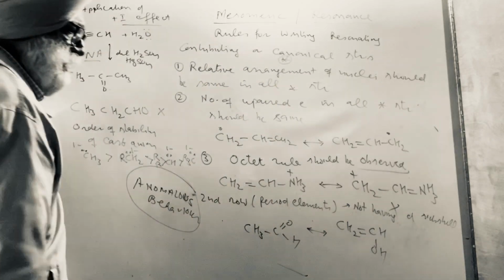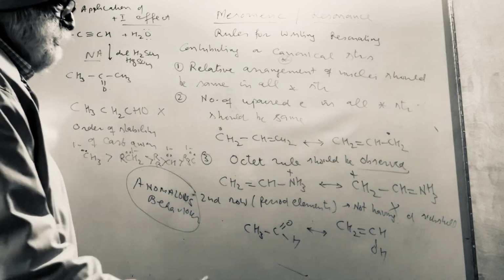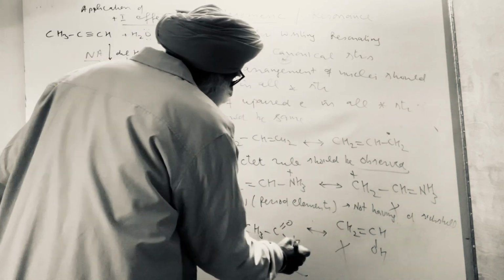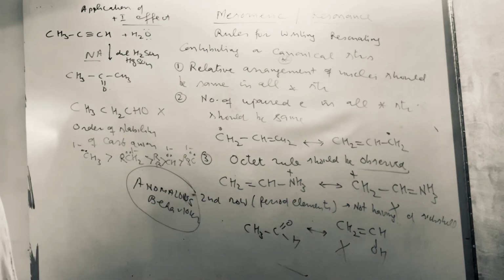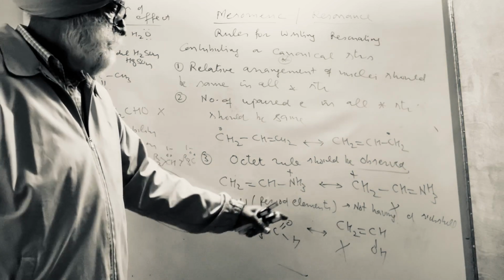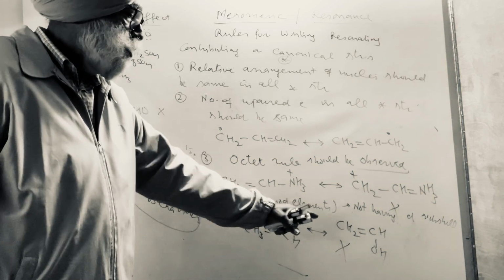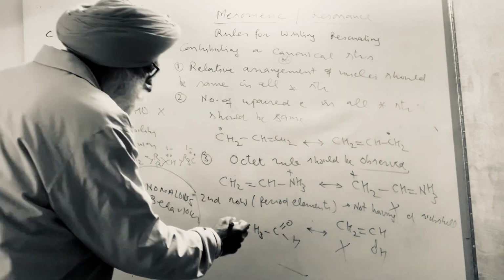These are not referred to as resonating structures. Why is it so? Because the relative arrangement of nuclei is not the same. These are tautomers. Acetaldehyde, this is acetaldehyde, and this is vinyl alcohol.